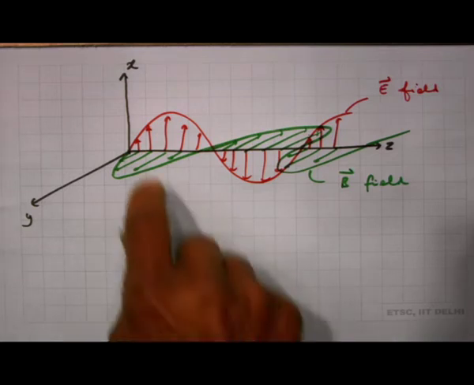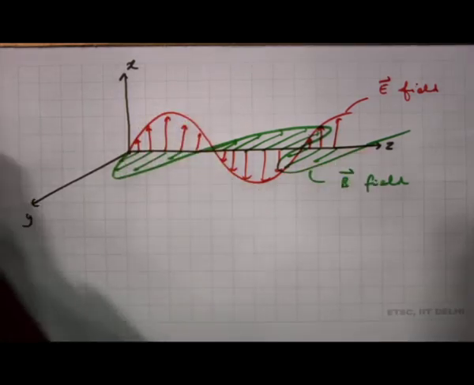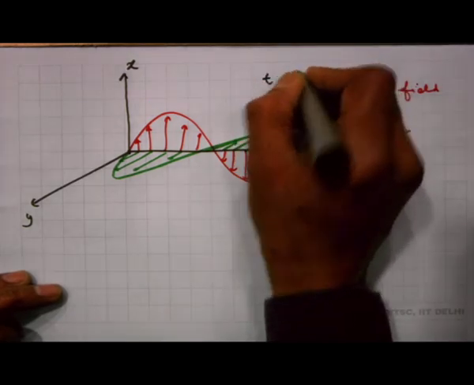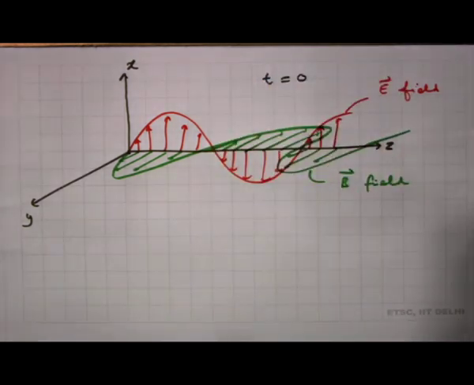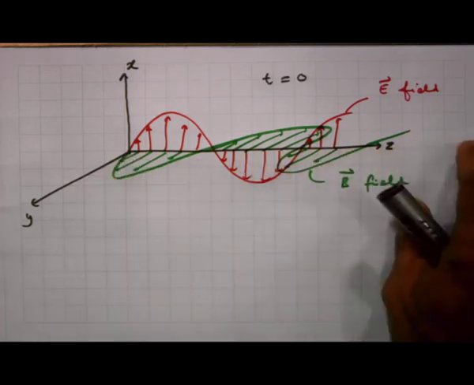What I have drawn is how the electric field varies with position. This is at some instant of time. Remember, just like I drew for waves on a string, I take some instant of time which I call t equal to 0 and plot how the electric field varies with position and how the magnetic field varies with position.